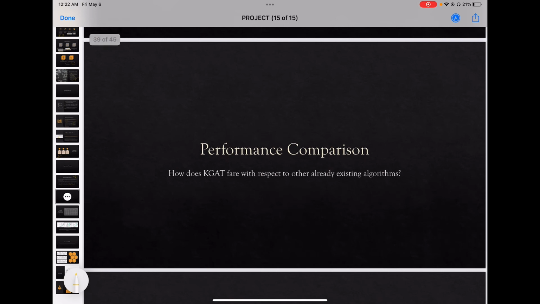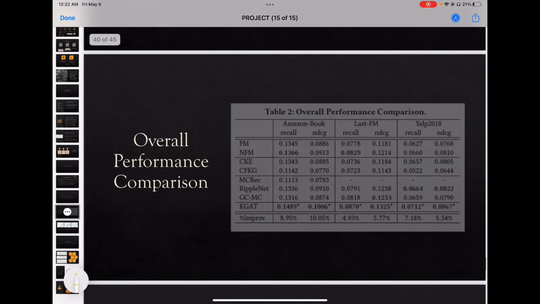Now that we know the procedure of how KGAT works and all the experimental setup, let us see how it performs when compared to already existing algorithms. The first thing that is reported is the performance of all the methods, and then the modeling of high-order connectivity and sparsity issues are each investigated separately.